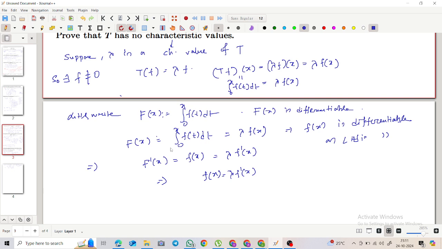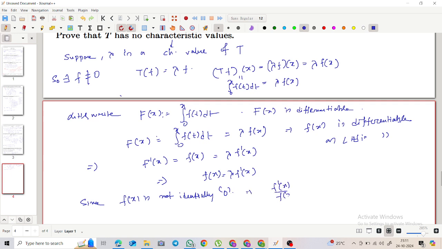Sir, it is a first order first degree differential equation, so you can find the solution. Since f is not identically 0, we can write f prime x by f(x) is lambda, right?